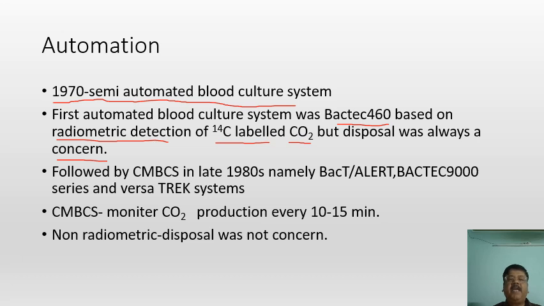Then afterwards, in 1980, there was the development of the continuous monitoring blood culture system, CMBCS, and the examples are BACT/Alert, BACTEC 9000 series, and Versatrek systems. The continuous monitoring blood culture system monitors CO2 production every 10 to 15 minutes, and the detection of growth is done.